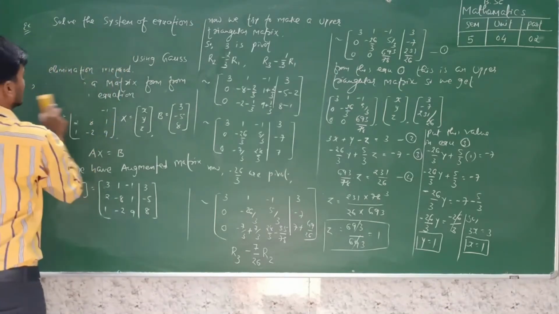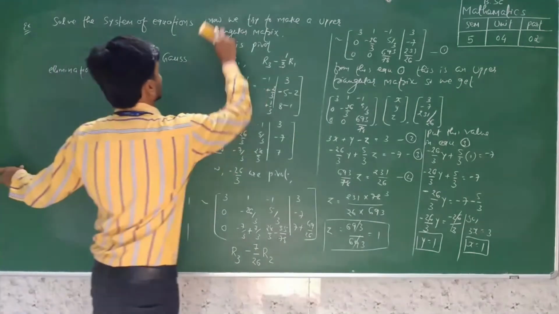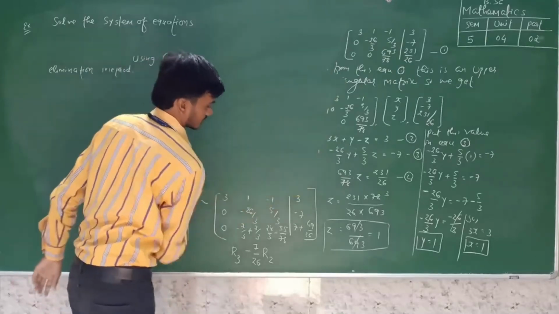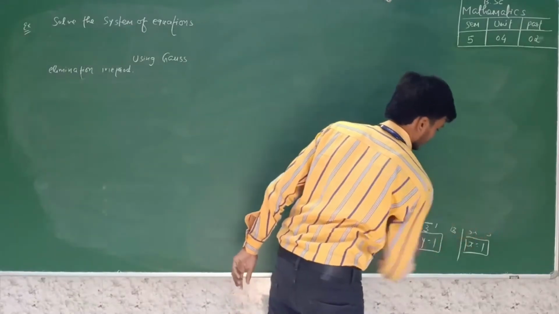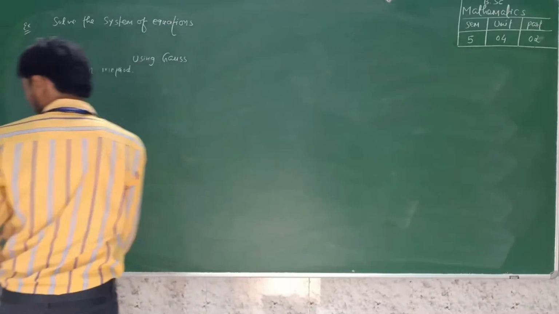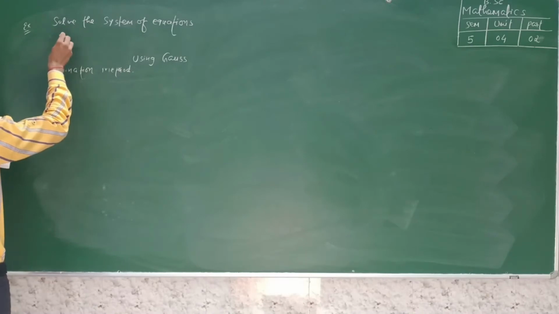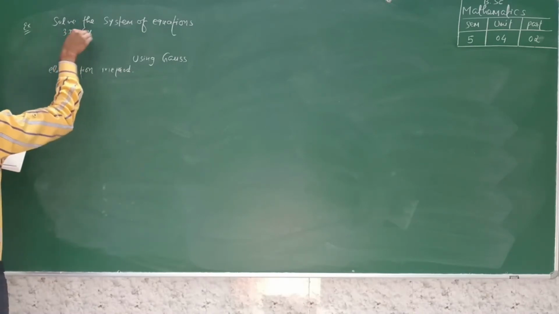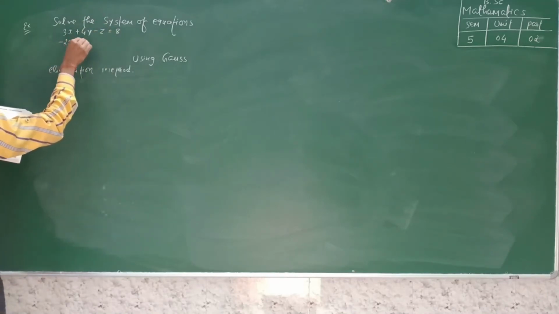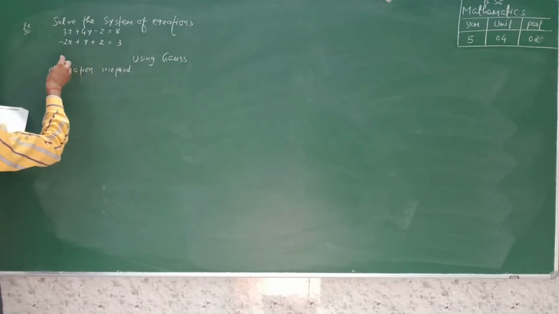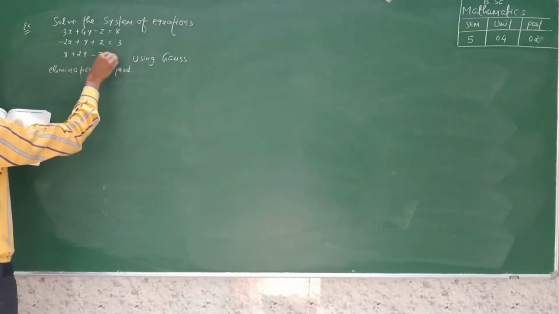Another example. Solve the following system of equations: 3x plus 4y minus z is equal to 8, minus 2x plus y plus z is equal to 3, x plus 2y minus z is equal to 2.